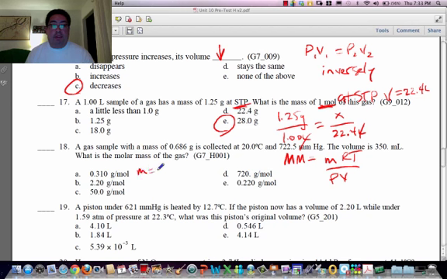So m equals 0.686 grams. R is our constant, 0.0821 liters times atmospheres over moles times K. T, sorry for writing all over, is 20 degrees Celsius plus 273 K, because you have to convert it to kelvins.